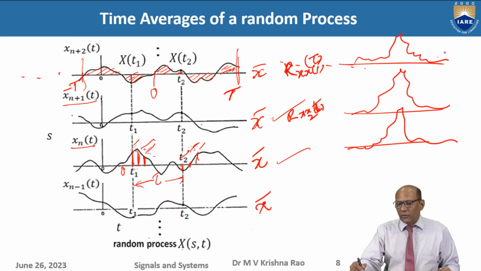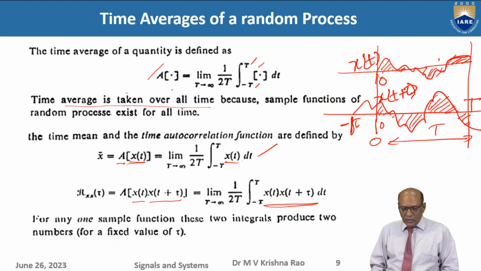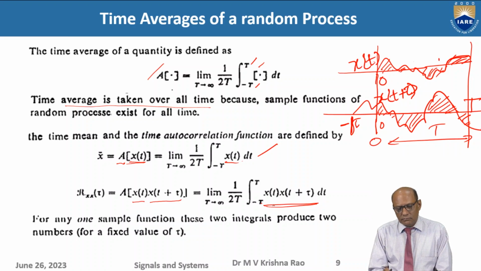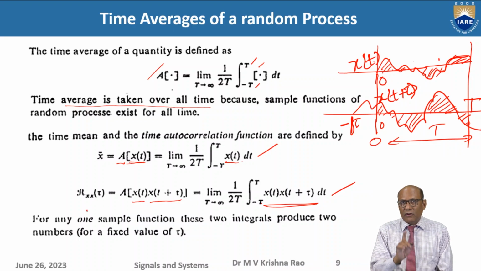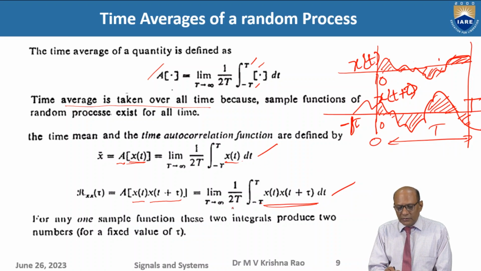You take the average of all these waveforms. So for one random function, between minus t and plus t, you find the area under the product curve and divide by 2t, as large as possible.